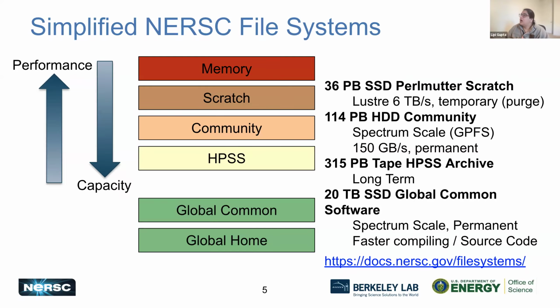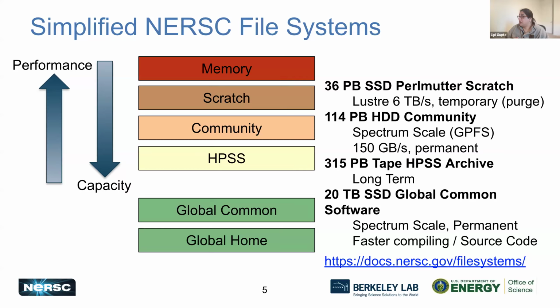You and I may never notice this, but depending on the computation you're doing, it can be a little bit slower, though still really fast. While we recommend using Scratch for all of your jobs and computations, there might be times when using the community file system is just as efficient and sufficient for your needs, and you may not even notice a difference.